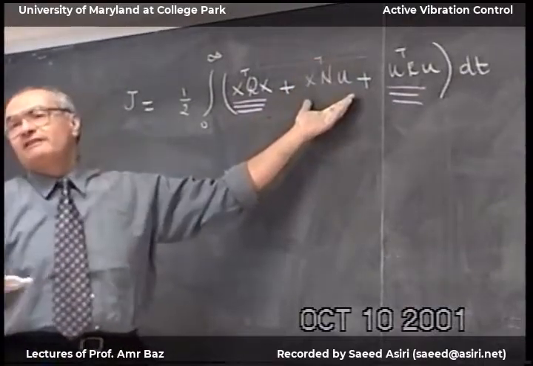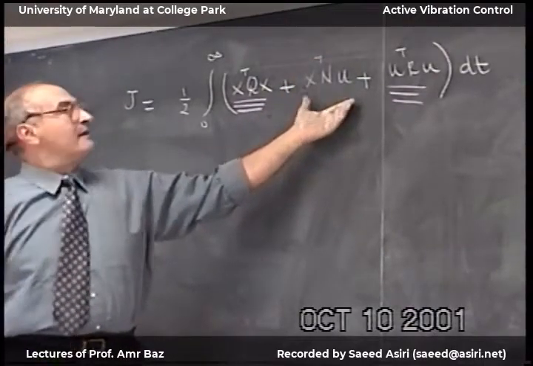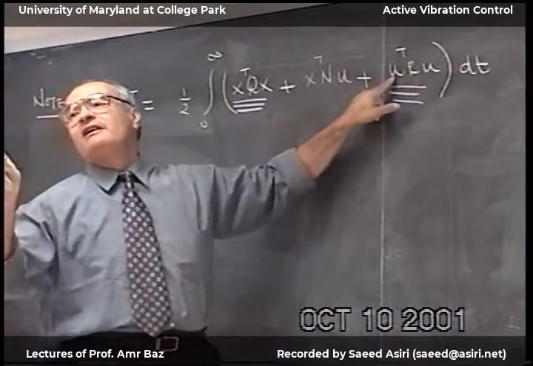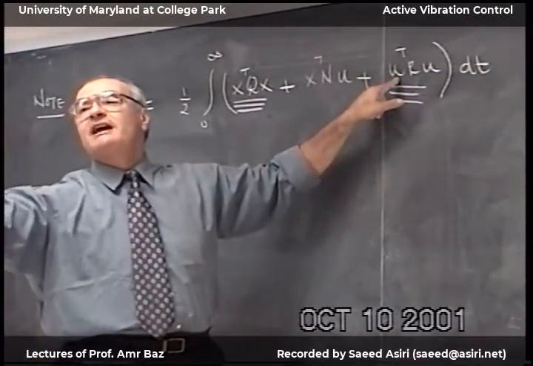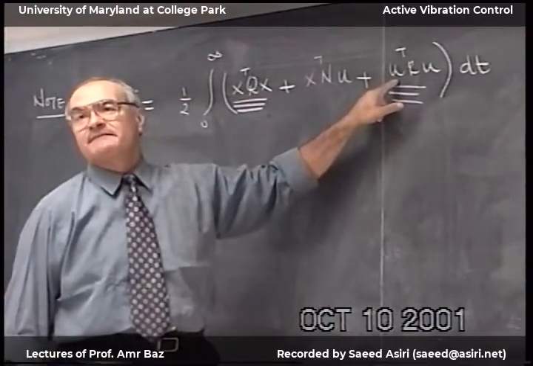This is redundant in most cases, because the U is implied here. U is equal to minus kx, which is a function of the x.